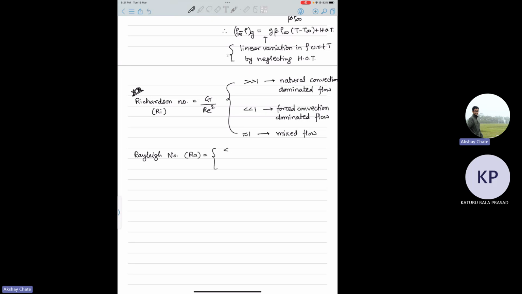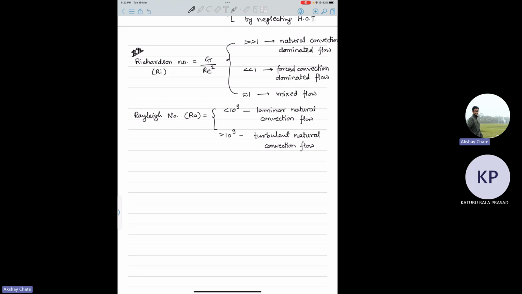If it is less than 10 to the power 9, it is laminar natural convection flow. If it is greater than 10 to the power 9, it is turbulent natural convection flow. This is typically for a flat plate, but in some cases you can assume it for a cylinder also, depending on the characteristic dimension.